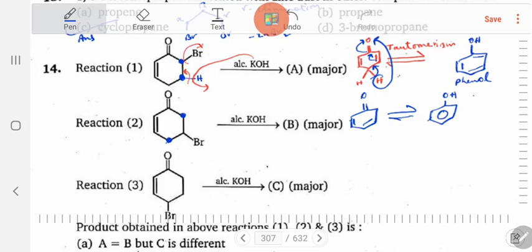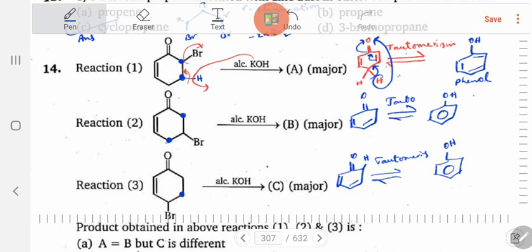Next here again there is only one beta hydrogen, so the obtained product will be, you will get a pi bond here, this will again tautomerize. This hydrogen will be involved in tautomerization, so this leads to product formation. So the obtained product is again phenol.